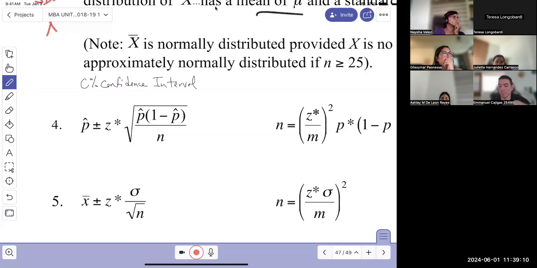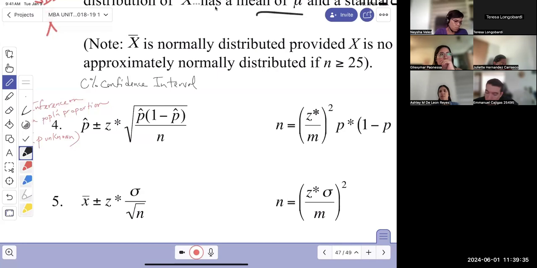So this topic here is inference on a population proportion, but p unknown. We don't know p. Otherwise, why would we try and guess p if we know p? We don't know p, but I have to stress that. So this is called the point estimate.